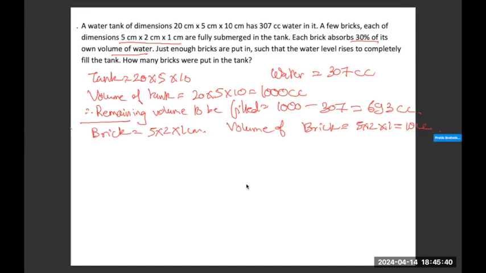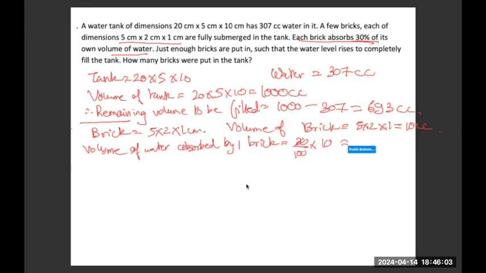Now what we are given is each brick absorbs 30% of its own volume of water. So the volume of water absorbed by one brick is equal to 30% or 30 upon 100 into 10, which is equal to 0.3 cc.